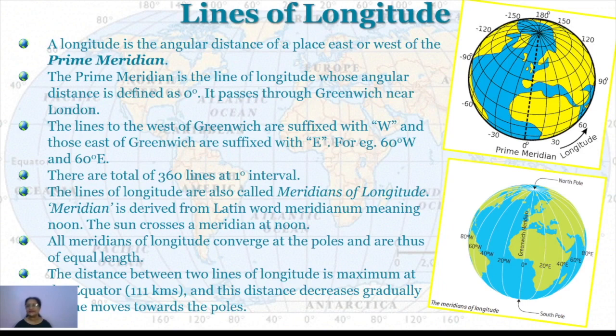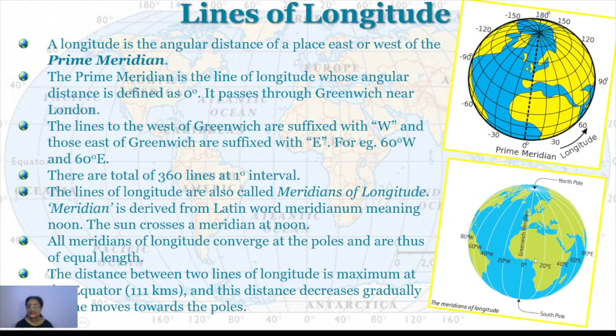And all these meridians, all these longitudes, converge at the 2 poles and are of equal length. They are all equal in length, right? They converge at the 2 poles, and the maximum distance between these longitudes is found on the equator. On the 2 poles they converge, and on the equator they have the maximum distance, you can see here.